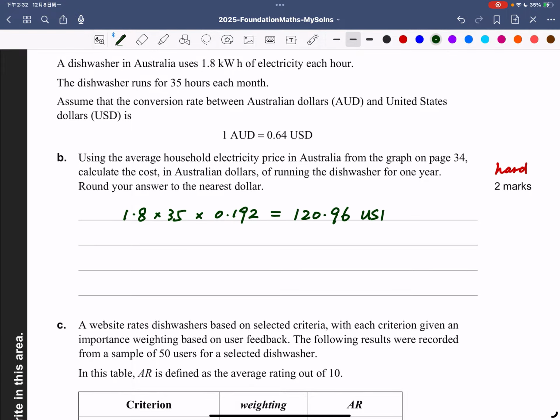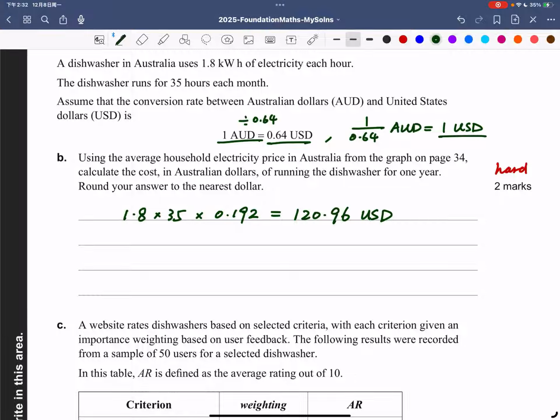But remember, this is US dollars. So I'm going to use a ratio method. For example, 1 Australian dollar equals 0.64 US dollars. So if I divide both sides by 0.64, that'll be 1 divided by 0.64 AUD equals 1 US dollar.